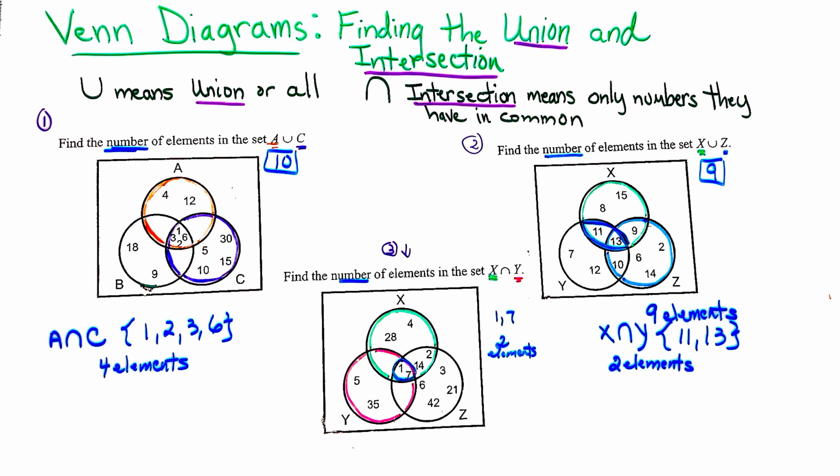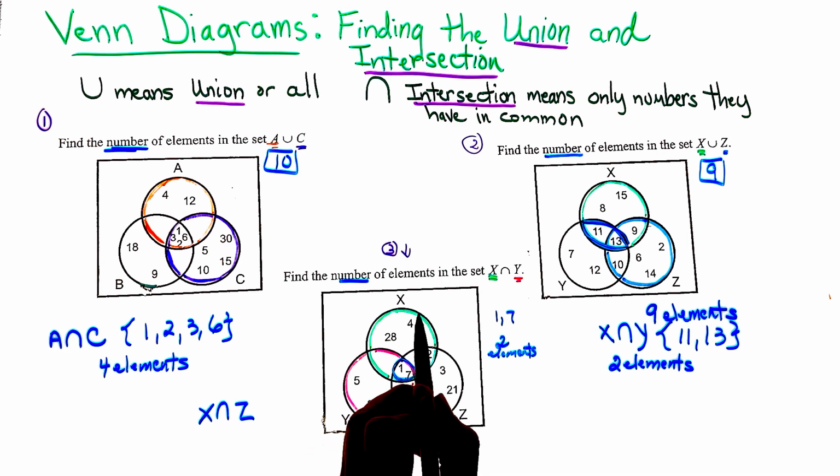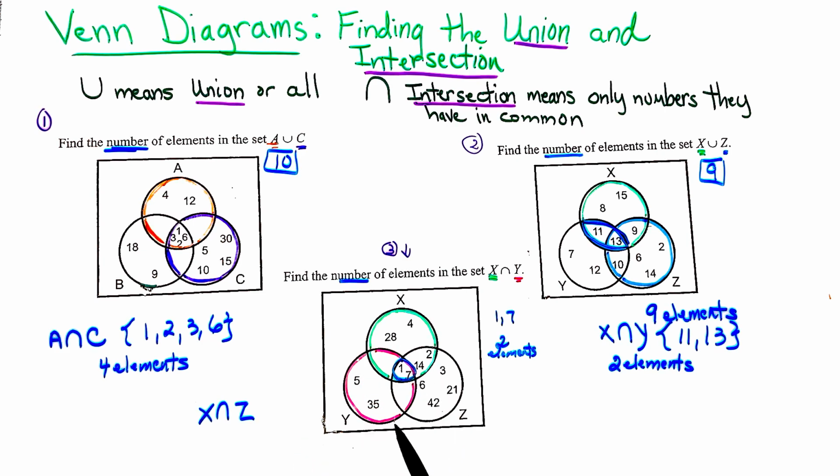What if I said that I wanted X intersects with Z? So if I have my X and I want to intersect it with my Z, let's look for the overlap. For that one, I'm going to be looking at the green, and for this one, now remember, we're going to look at the black.